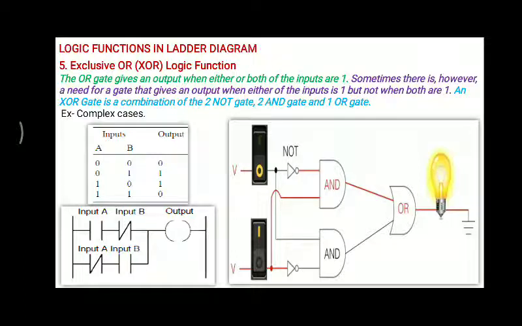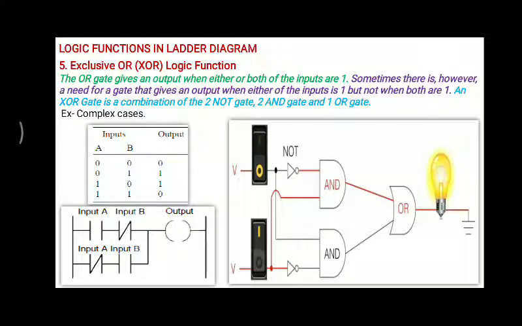At least input A or input B should be on, then you will get the output 1. So in the first 3 lines it is following, but in the last row of the OR gate, input A is on, input B is on, then you would get output 1.